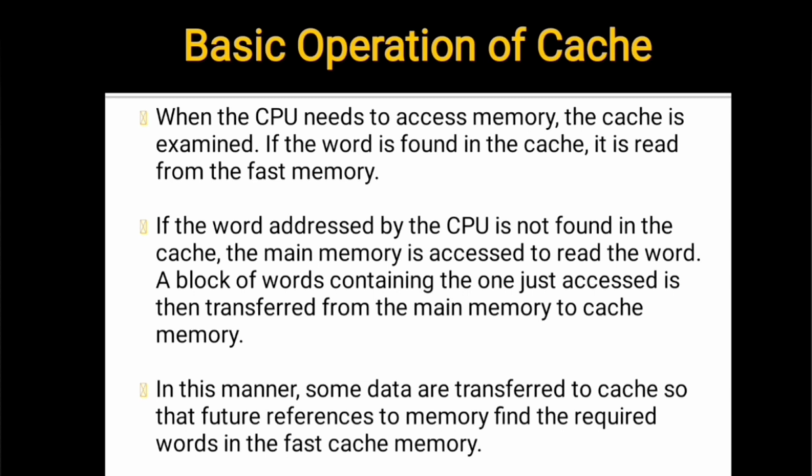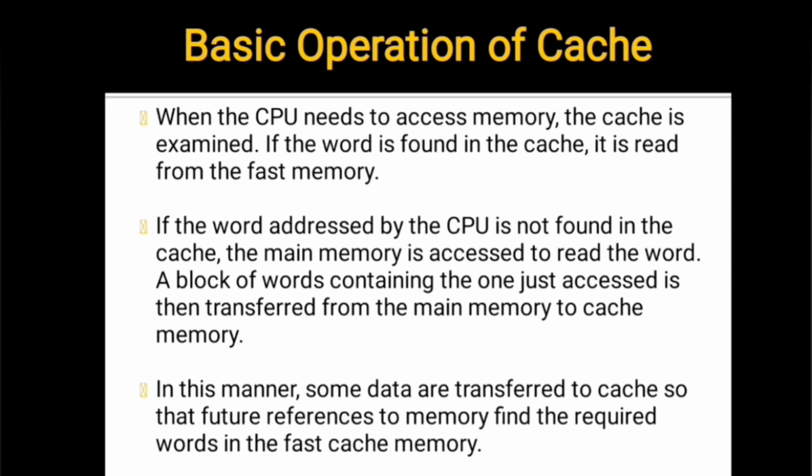Also, after reading the data from the main memory, the block of memory words containing that data will be transferred, or copied, or mapped from main memory to cache memory. Why is this data copied from main memory to cache memory?